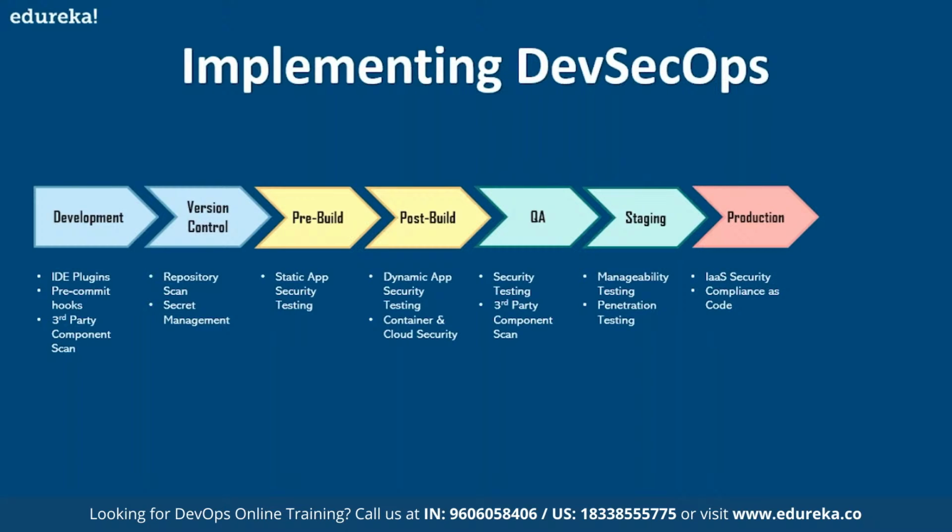Production: at the production stage, the infrastructure as a service security, wherever you're deploying the model, we'll have to check the security of that infrastructure and the compliance of the code. Once it is productionized, during the monitoring stage, all the security monitoring and alerting will be taken into action.